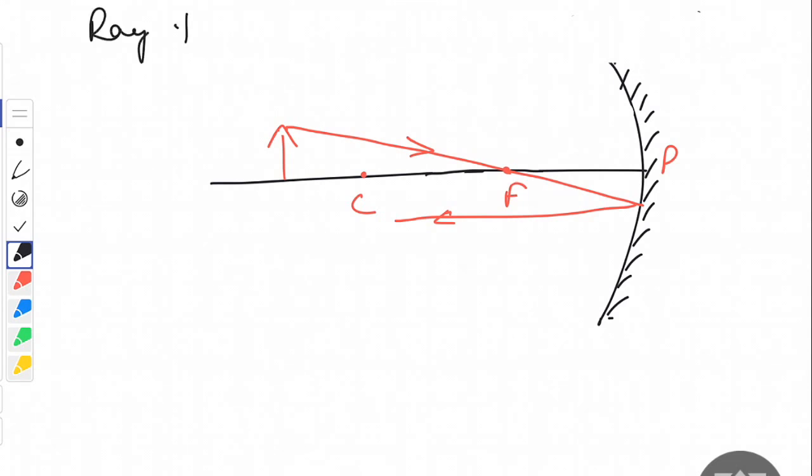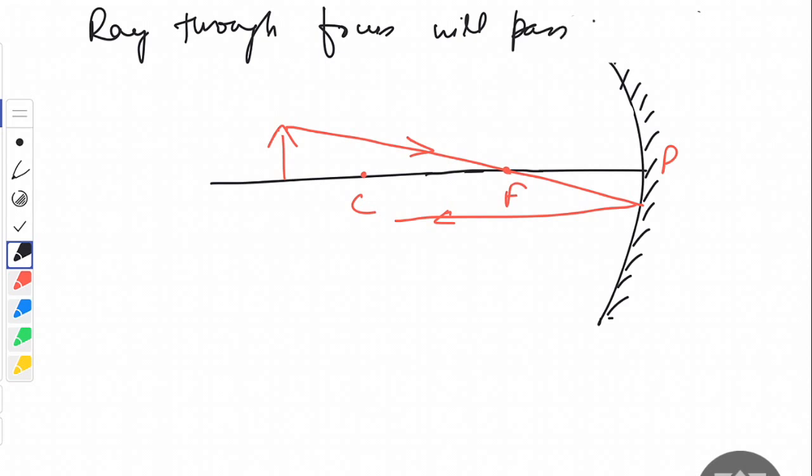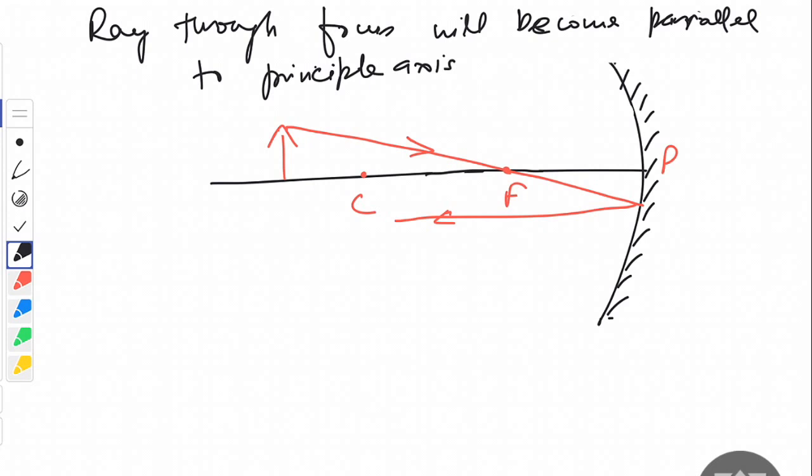A ray through focus will become parallel to principal axis after reflection.